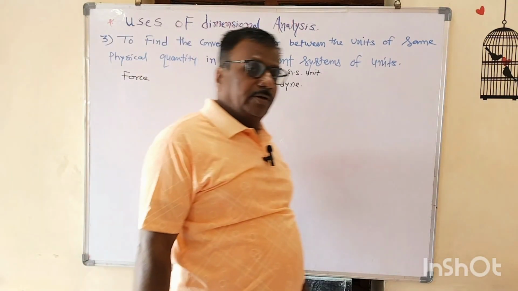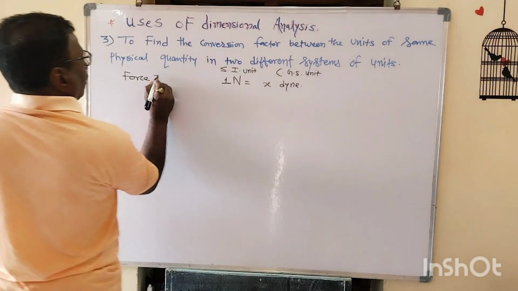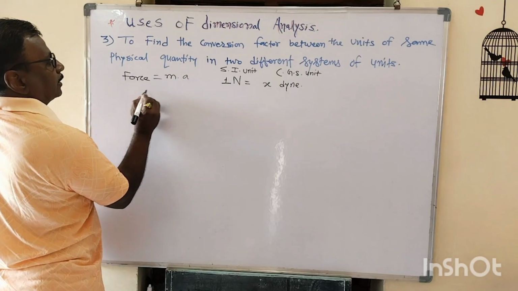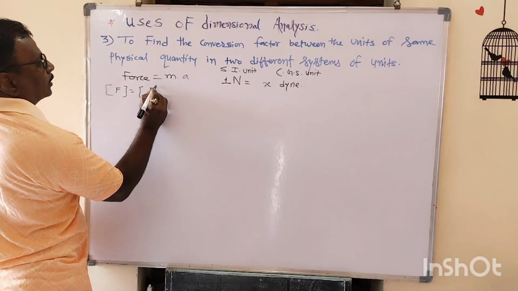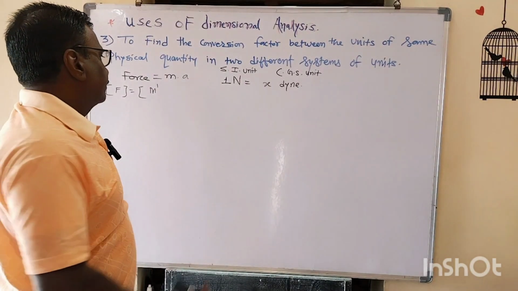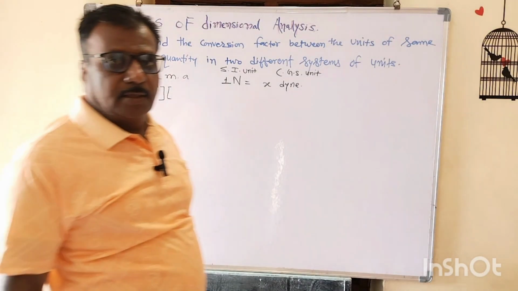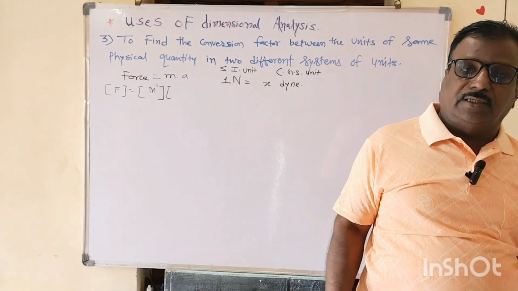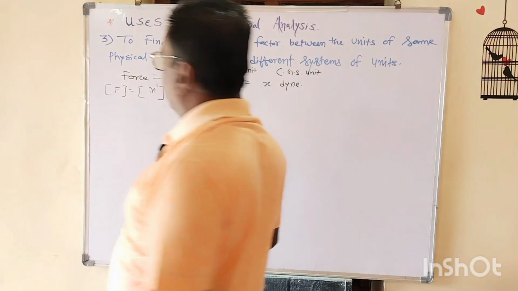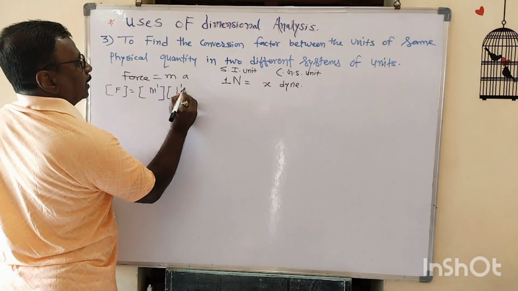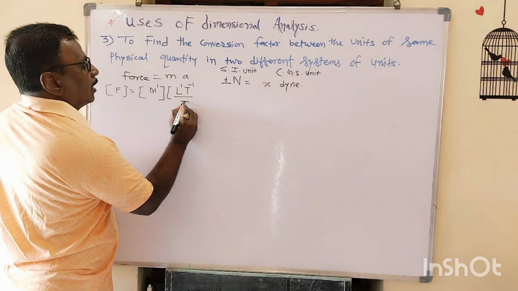First, we calculate dimension of force. Force is the product of mass and acceleration. So dimension of force is equal to, for mass we take M raised to power 1, and dimension of acceleration is nothing but change in velocity per unit time. For change in velocity we write L1 T minus 1 divided by time T raised to power 1.